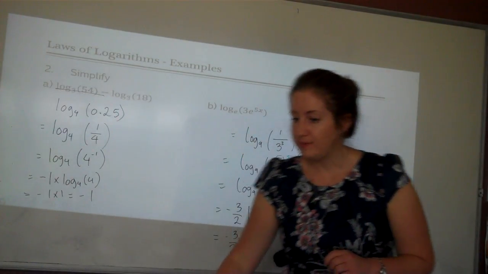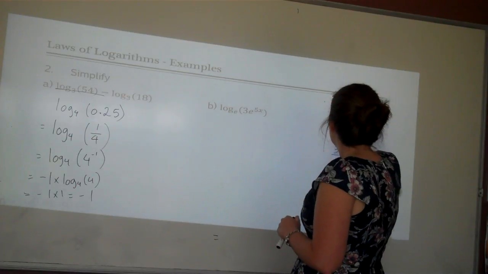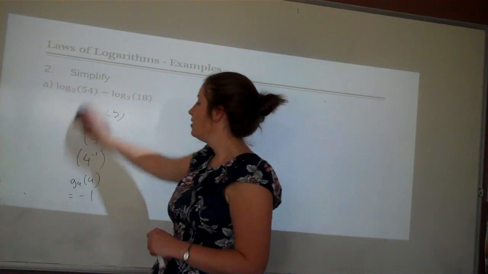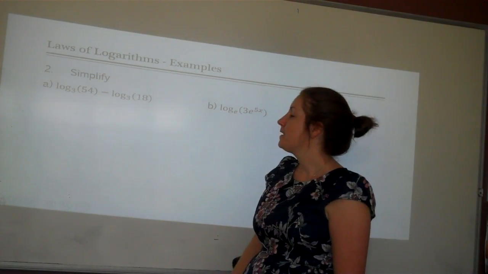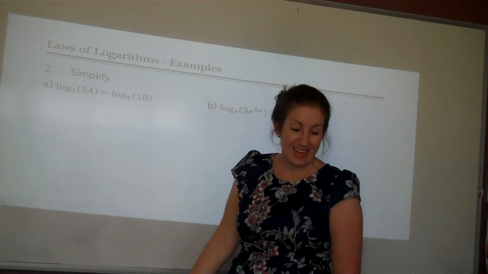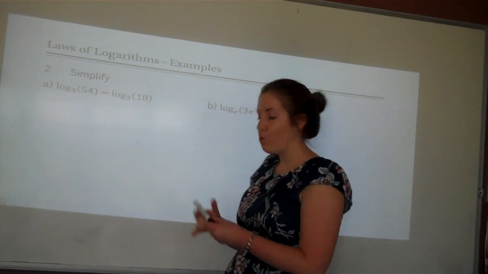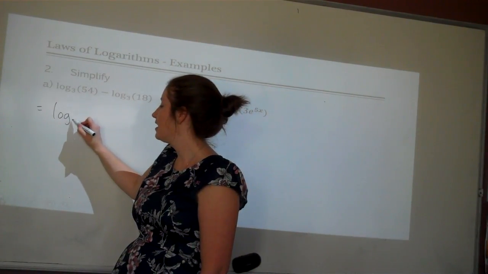Let's continue on, and now we're going to look at simplifying logs. When we're simplifying, we're not expecting you to get a numerical answer, we're just trying to write this in a more simple format. Our second log law says that when we're subtracting one log minus another, we divide the arguments.